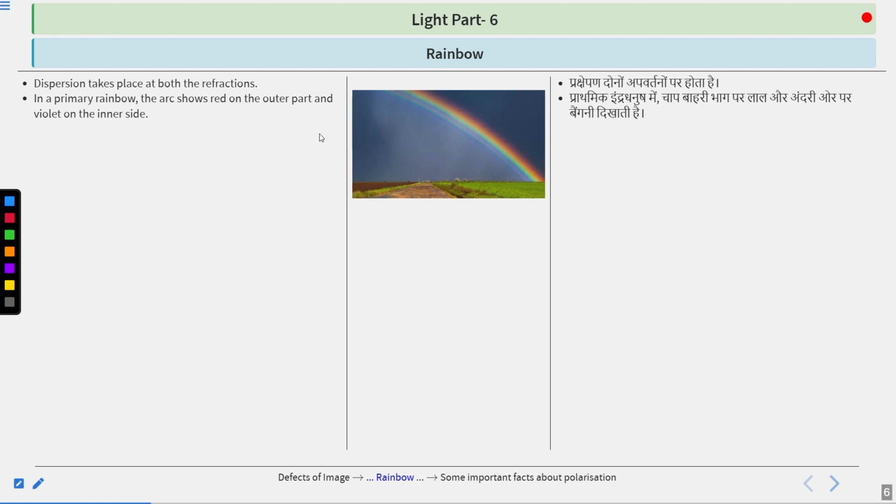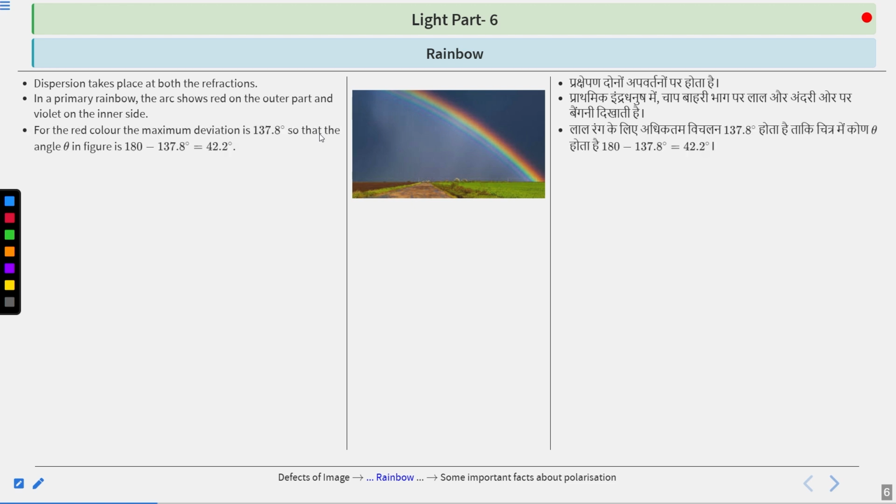In a primary rainbow, the arc shows red on the outer part and violet on the inner side. For the red color, the maximum deviation is 137.8 degree, so that the angle theta in the figure is 180 minus 137.8 degree, equals 42.2 degree.